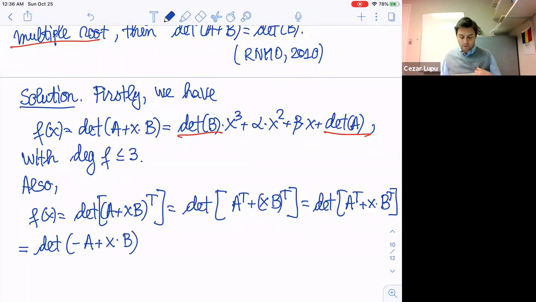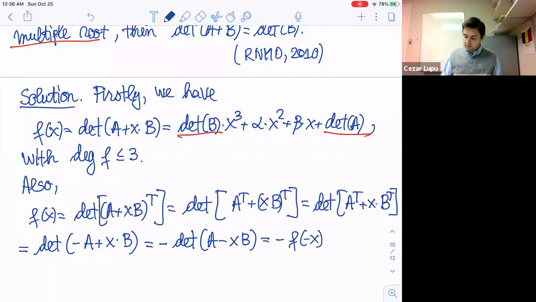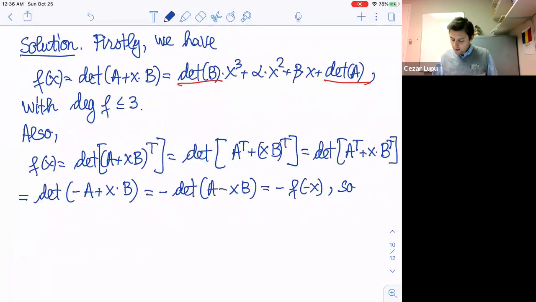Or if you take the negative in front of it, it will be negative 1 cubed, which is negative, the determinant of A minus xB, which is nothing else than just negative f of negative x, right? So f is an odd function, so f is odd.